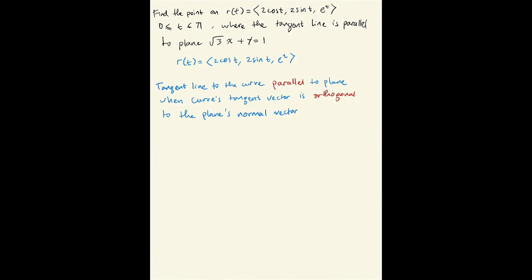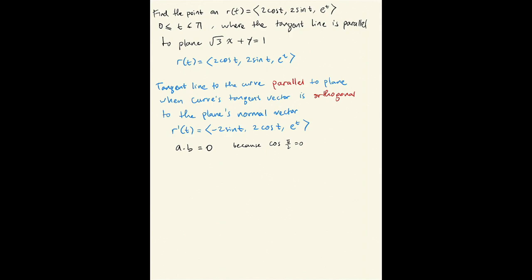So let's evaluate the derivative of r. 2 cos t and the same e to the t. So orthogonal means it's 0, right? Because cos of pi over 2 is 0, right?